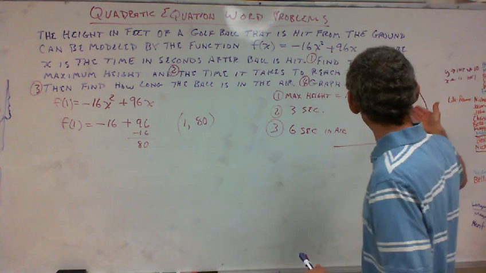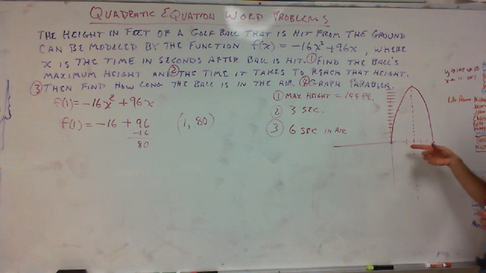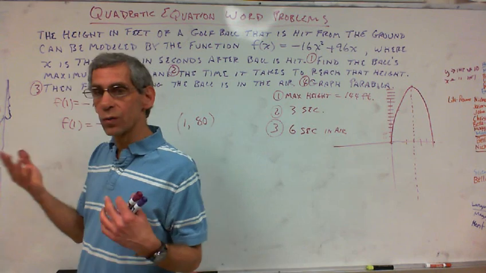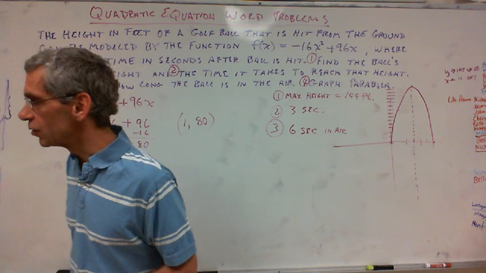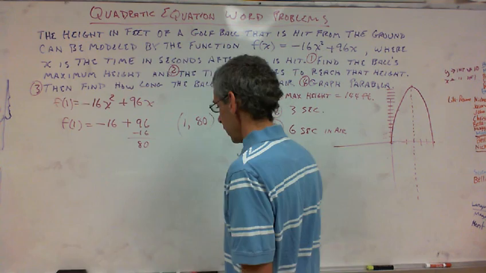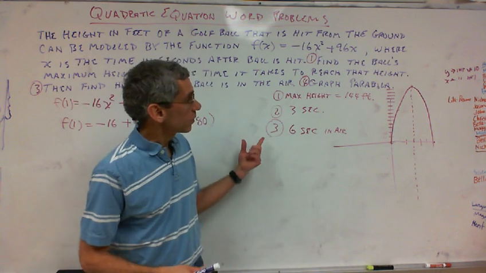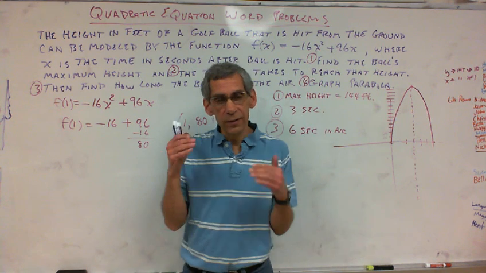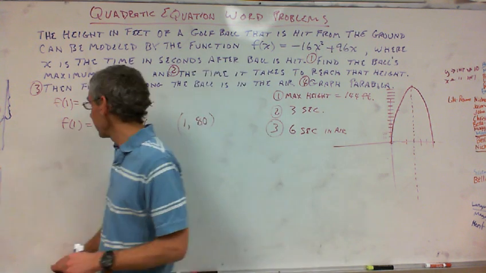So when you need another dot, you can always get it. Just choose an x that is in that area, right? 1 is such an easy number to choose because 1 squared is 1. 96 times 1 is 96. You know what I mean? There's almost no math. So now the homework tonight will not include graphing. All it is, it's starting to think about maximums, minimums, and so forth.